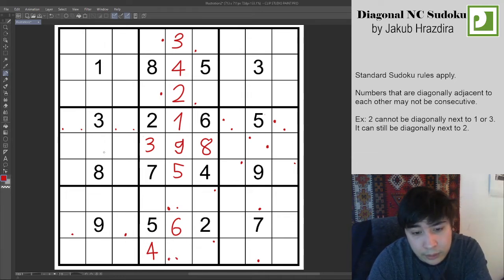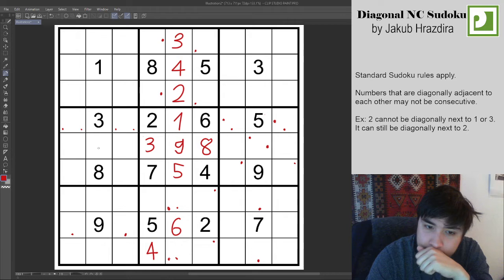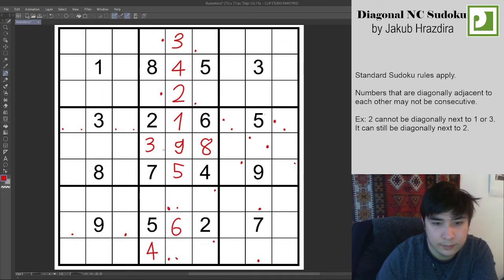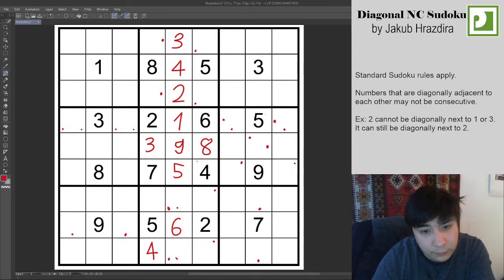That's not particularly restrictive. Or no, 1 is blocked by Sudoku, so 2, 4, 5. Actually, it has to be 4.